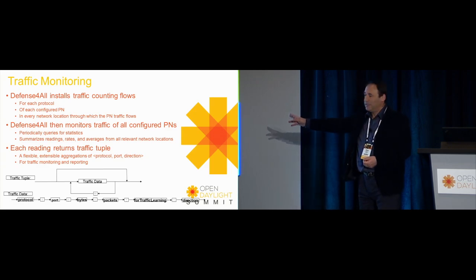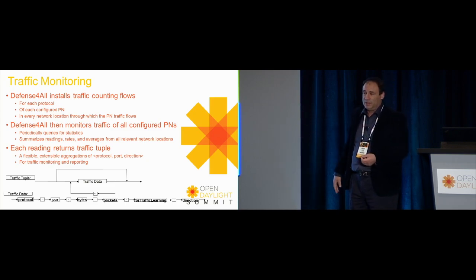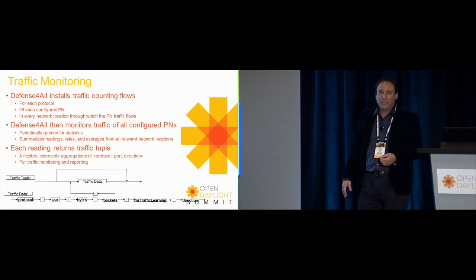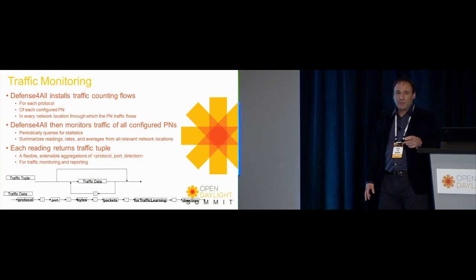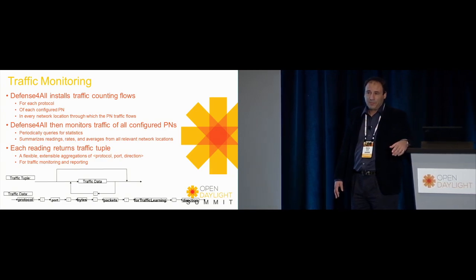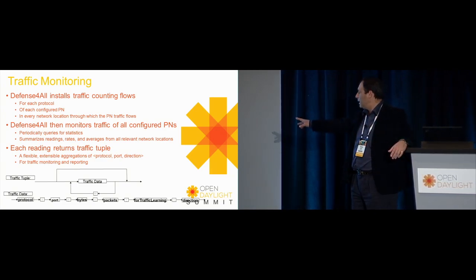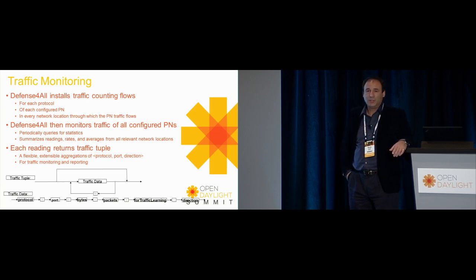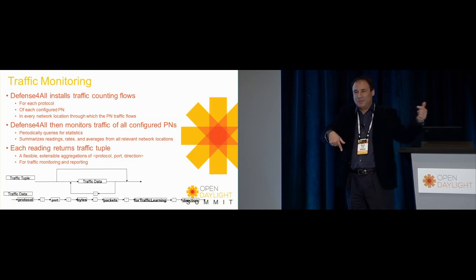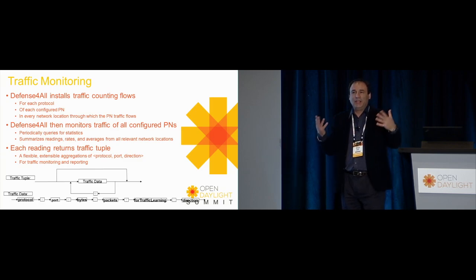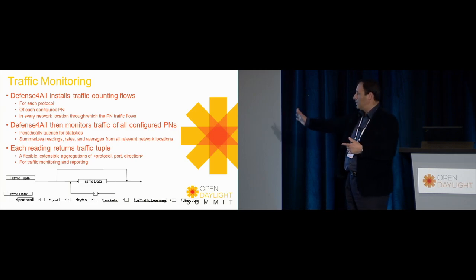We also have a flag specifying internally whether this vector value is used for traffic learning. Some of them are, some of them aren't. And there is also the direction. This way, this way, this way, this way. So we can pretty much learn everything, and we can aggregate according to those vectors.